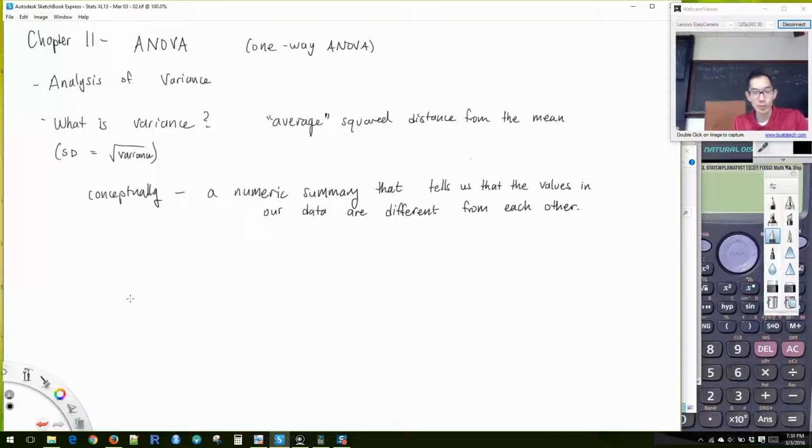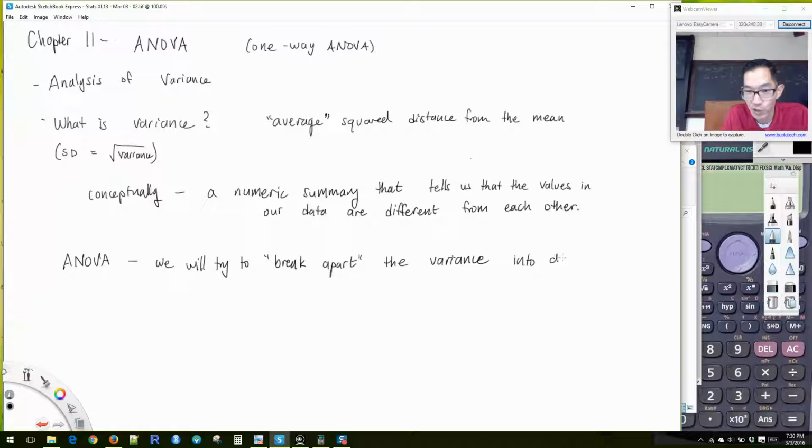And in general, men are taller than women. Okay? So let me just write this down. With ANOVA, this analysis of variance, we will try to, quote, break apart the variance into different sources.